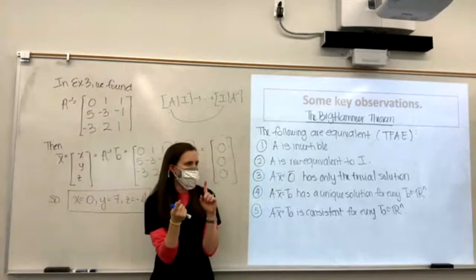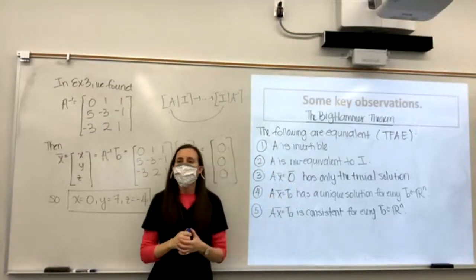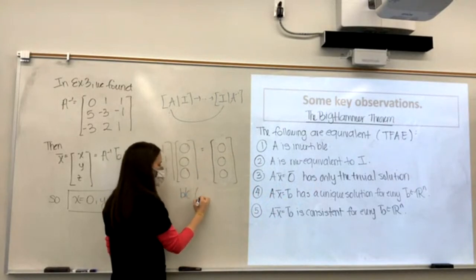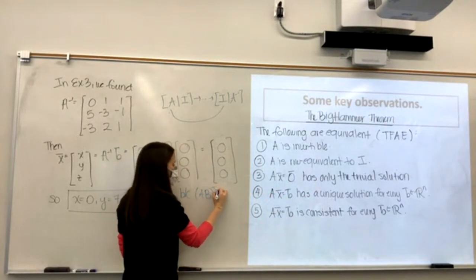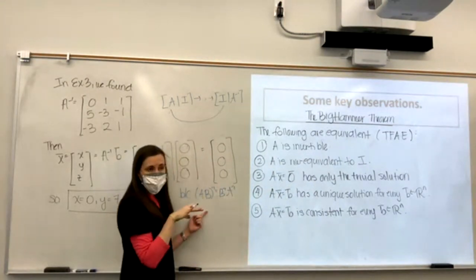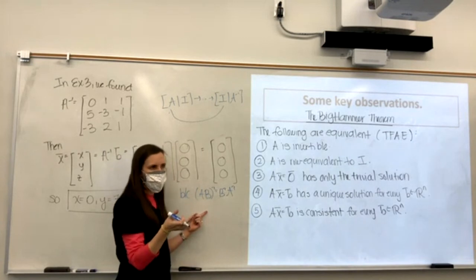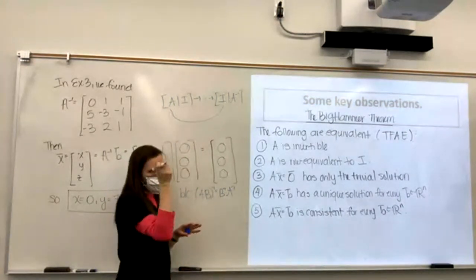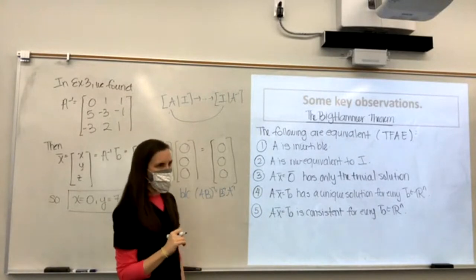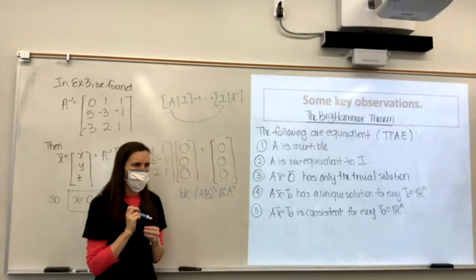When it comes to the properties, like AB transpose is B transpose A transpose, in your notes you'll just say, because AB transpose is B transpose A transpose. But I do not expect you to memorize that it's Theorem 2.6, part 4, and so on. I do not expect you to memorize the numbers and all that kind of stuff. So you know what they say, but you don't need to know what number of theorem it is in the book. Does that help? Okay.